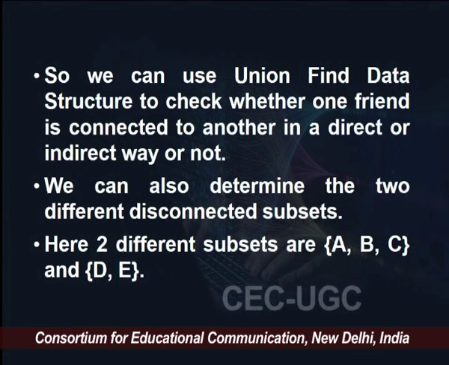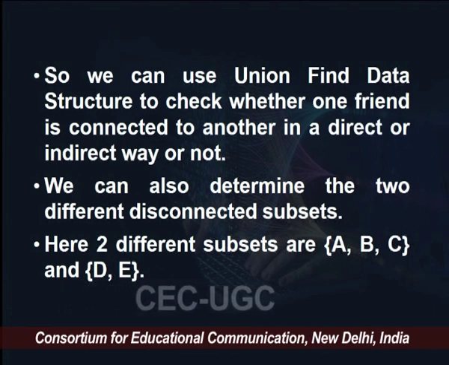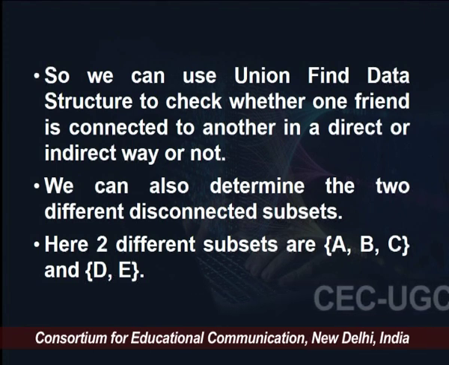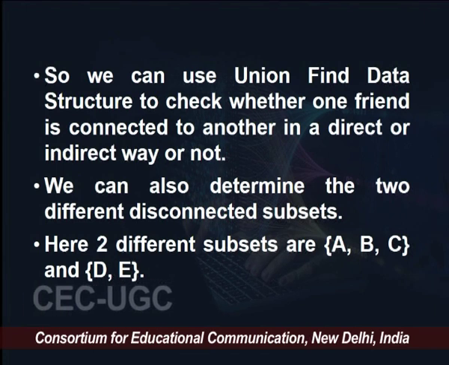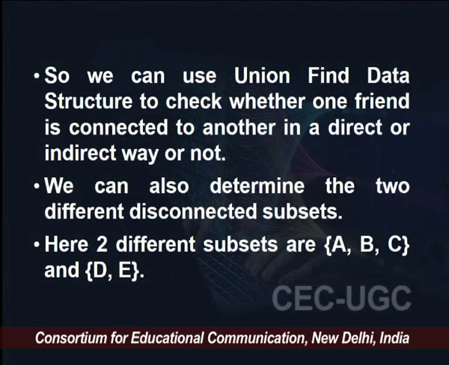So, if we want to check the connectivity, or find out whether one friend is connected to another, whether in a direct or indirect way, we can use the union find data structure. And with the help of this, we can also determine that there are two disconnected subsets, as I have already told you.